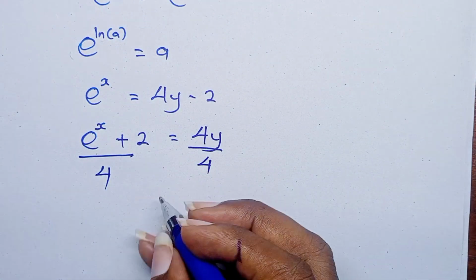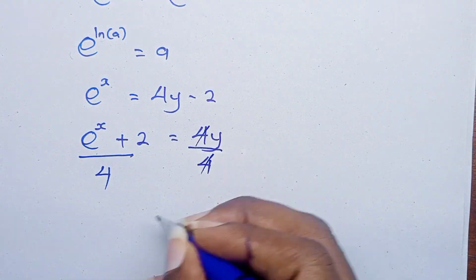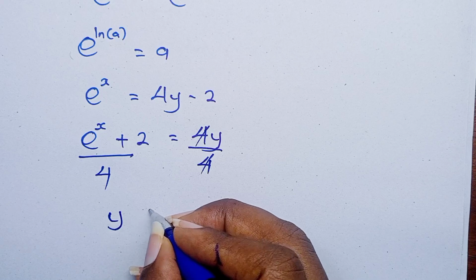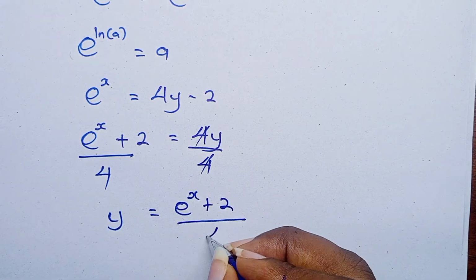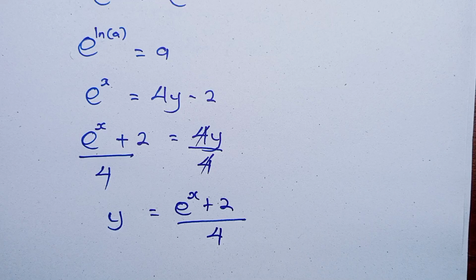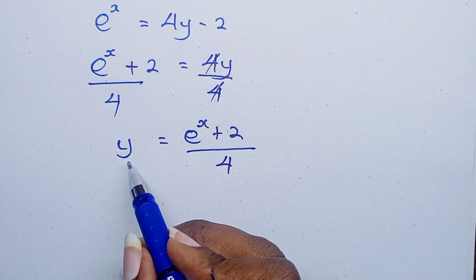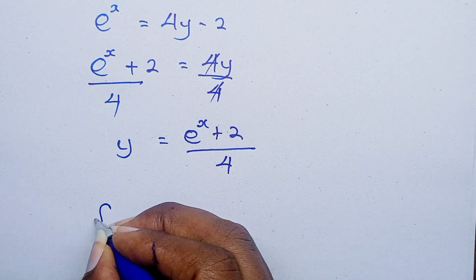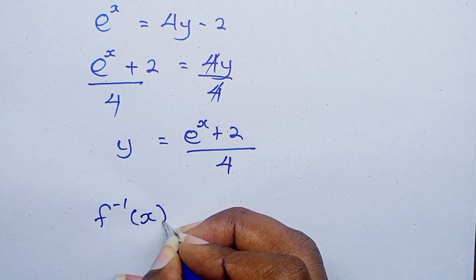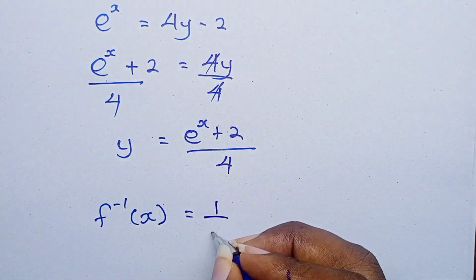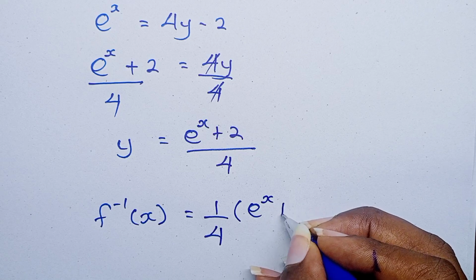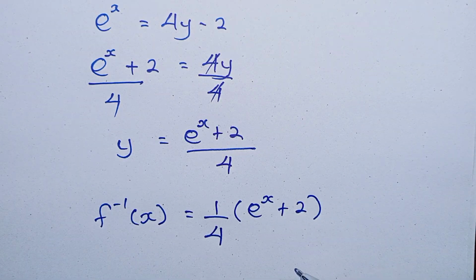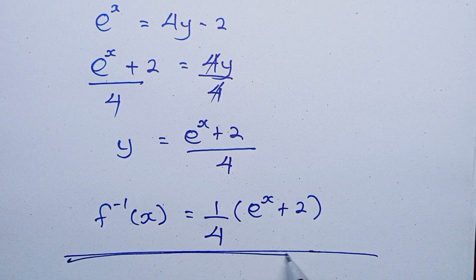This cancels, and therefore y equals e power x plus 2 over 4. So this is the inverse of the function. So f inverse of x equals 1 over 4 into e power x plus 2.